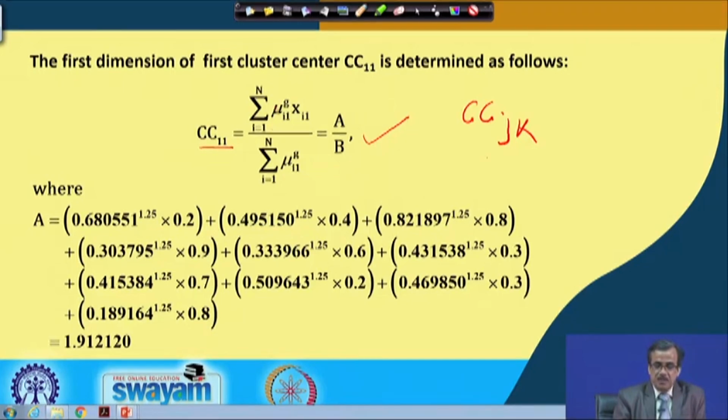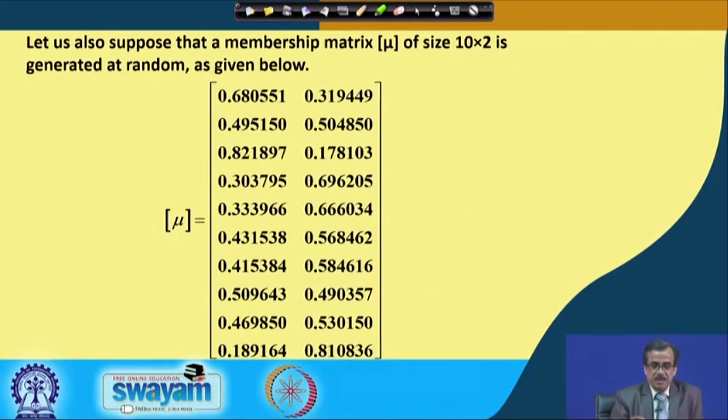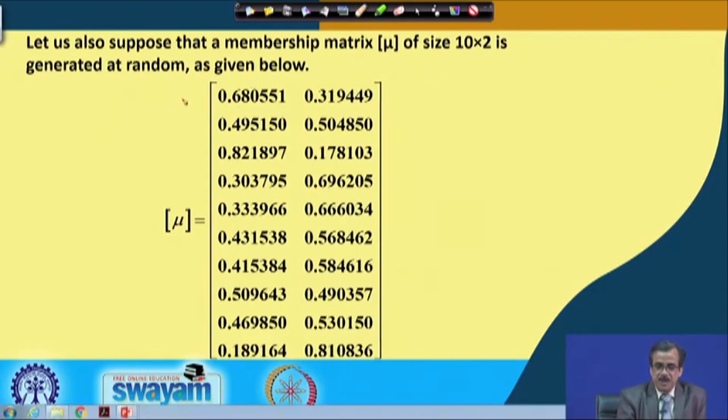Now, what does it mean? The moment I put i equals to 1, this is nothing but mu 11 raised to the power g. What is mu 11? Mu 11 is nothing but the membership value of the first data point with respect to the first cluster center. If you see the previous matrix, this is actually a numerical value.